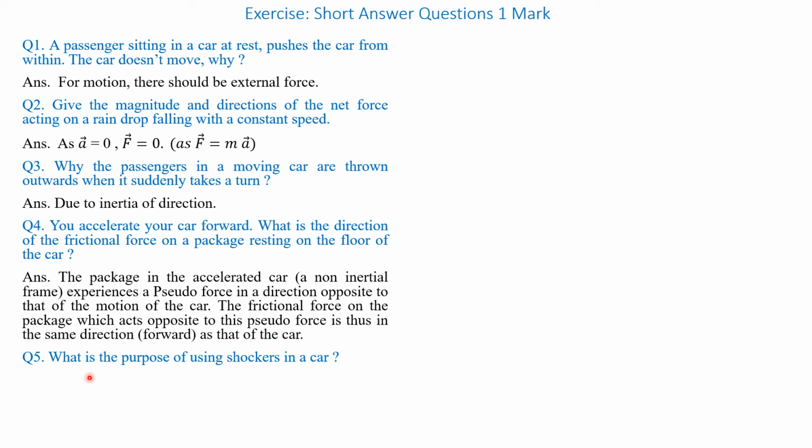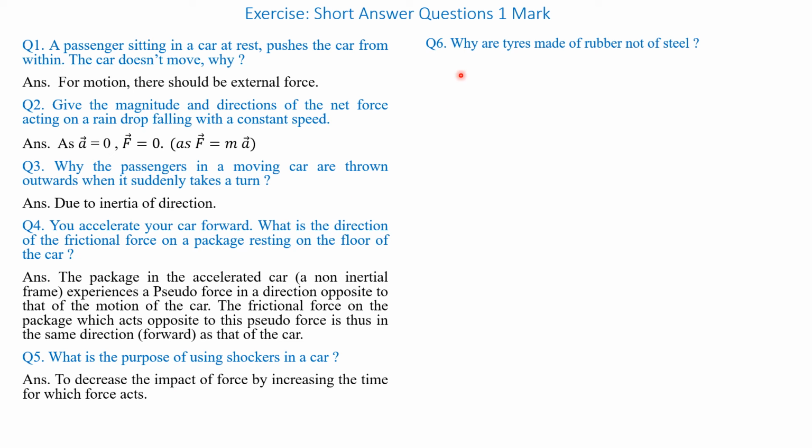Next question: What is the purpose of using shockers in a car? Answer: to decrease the impact of force by increasing the time for which the force acts. Question 6: Why are tires made of rubber, not of steel?